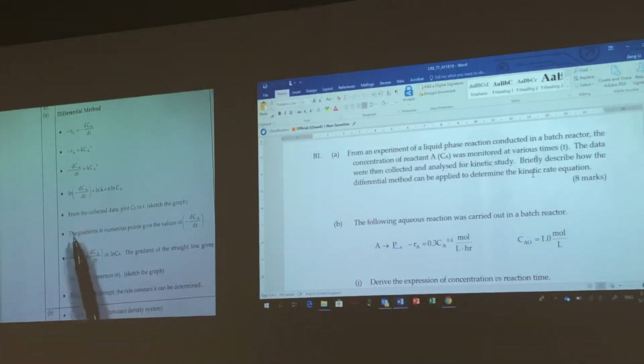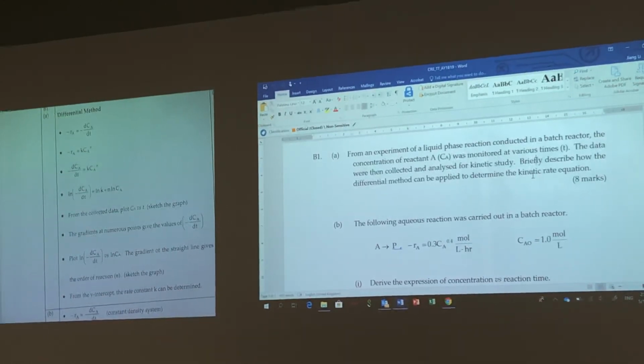Then you need to describe from the collected data, plot CA against t, then find the gradient and plot ln of this versus ln CA. Then from the y-intercept you find the K. The gradient will tell you the order of reaction. So this is the differential method.